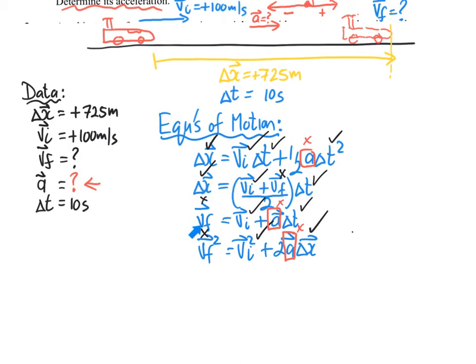In equation number 3, we don't have v final and we don't have the acceleration, so you can't use that equation unless you have either v final or the acceleration. And equation number 4, we could use it to find v final if we had the acceleration. So we're being asked to determine the acceleration, so we are going to use equation number 1.